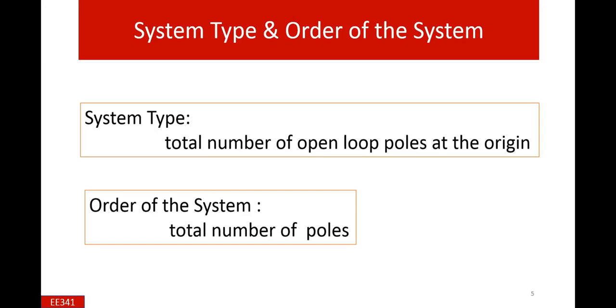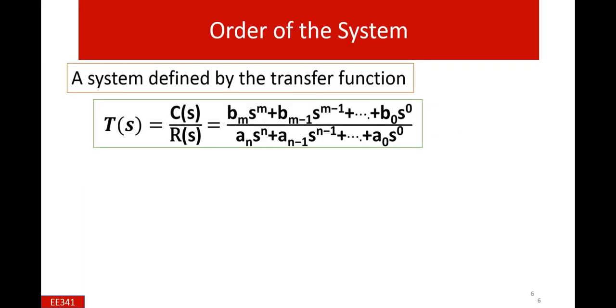So let's review in detail. First, review the order of the systems. For example, we have a transfer function. Here b_m and a_n are the coefficients of the polynomials of the numerator and the denominator. So there are two polynomials, b coefficients representing the polynomial of the numerator, and the denominator is represented with the coefficients a.